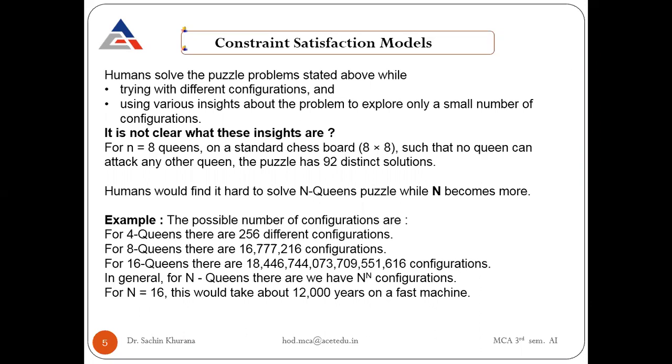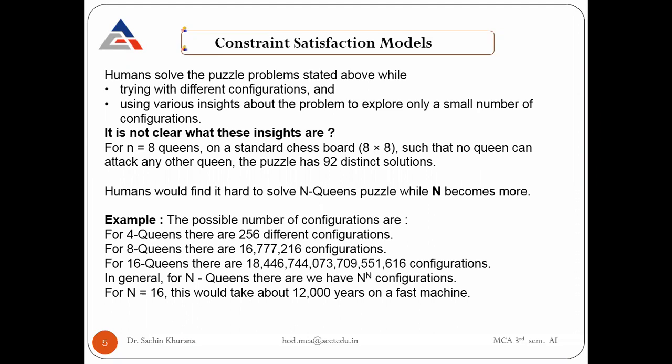So for taking different values of n, let's say queen numbers 4, 8, 16. The possible number of configurations for this queen problem is, for example, for the 4 queen problem, 256 different configurations where the queens can be placed on your chessboard. That means in 256 different ways, you can keep your queens on the board.